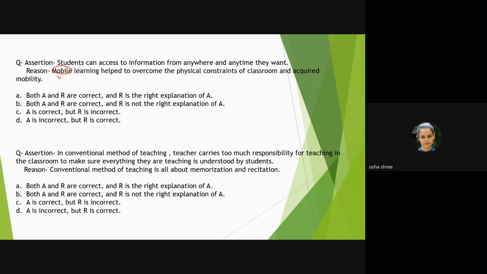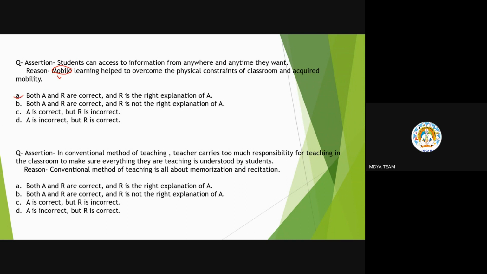Option A. Yes, very good. Option A is the right answer. Students can access information from anywhere and anytime they want because mobile learning helped to overcome the physical constraints of the classroom and acquired mobility. So the first answer is correct.